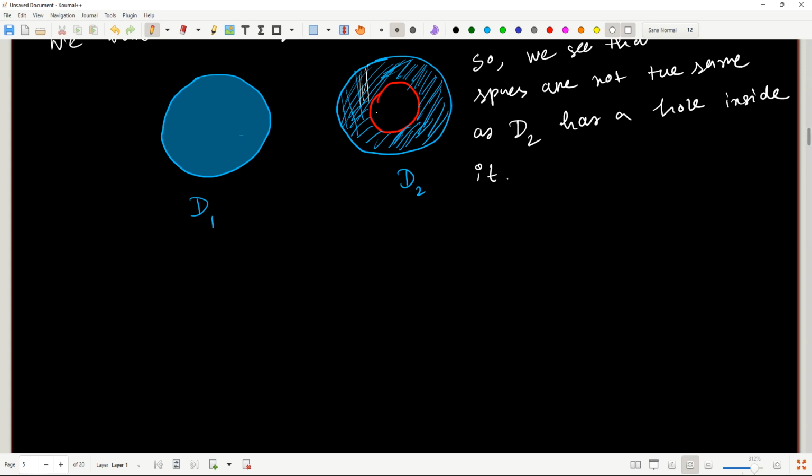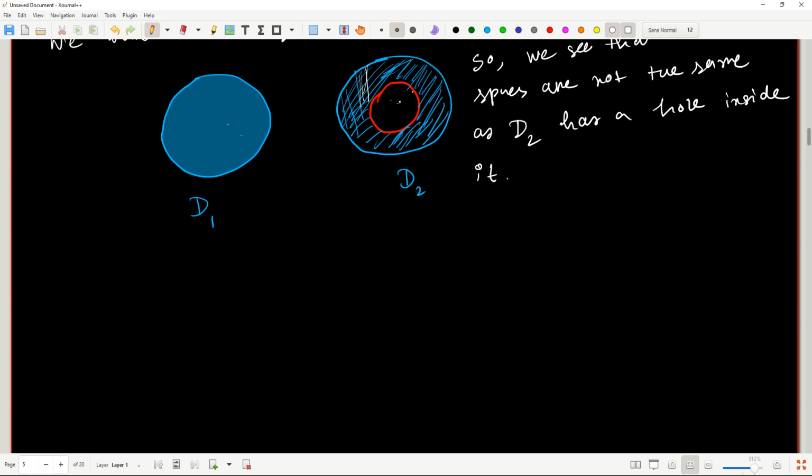That means through algebra we want to look at these two regions and we want to differentiate them. And you can see that there is a hole inside D2, right? So our motivation would be to construct an object that will indicate whether there is a hole inside a surface or is it a boundary.